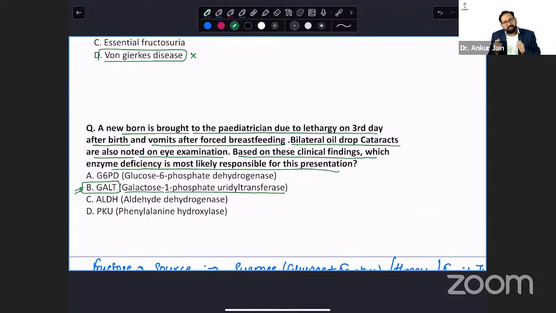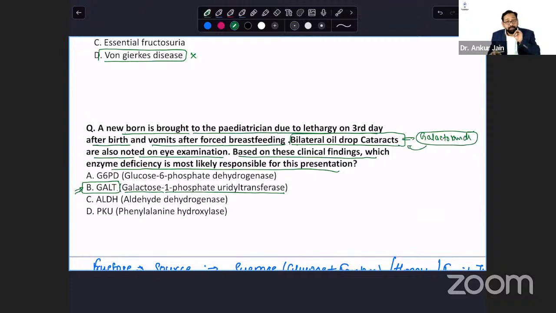Oil drop cataract suggests galactokinase deficiency, but here they have given a few more symptoms. Point it out. If oil drop cataract is the only symptom given in the question, then the deficiency is galactokinase. Galactokinase deficiency: only and only cataract.